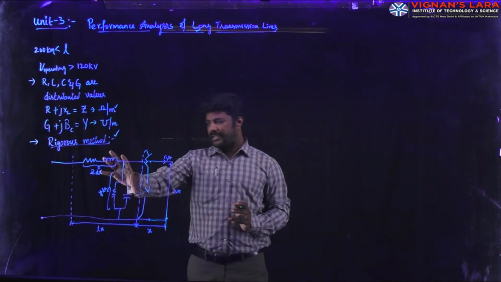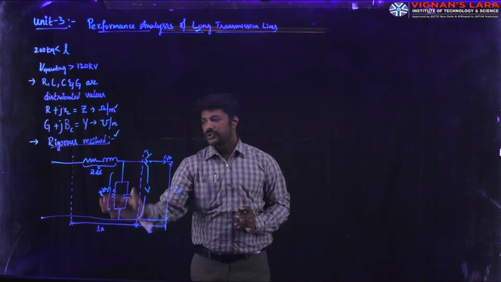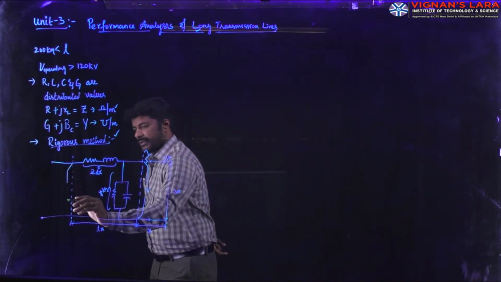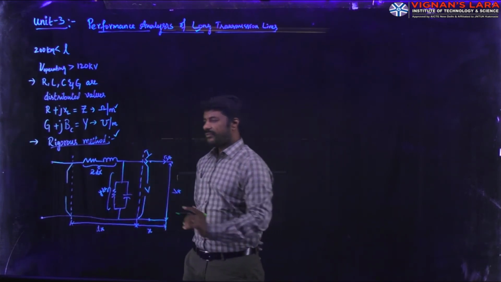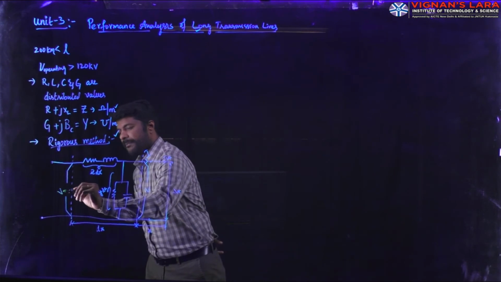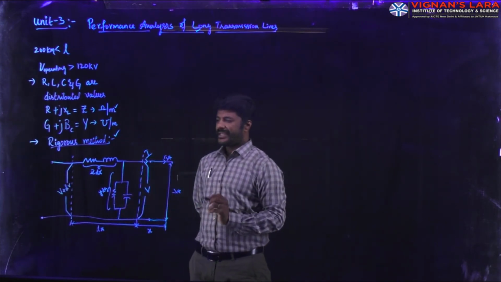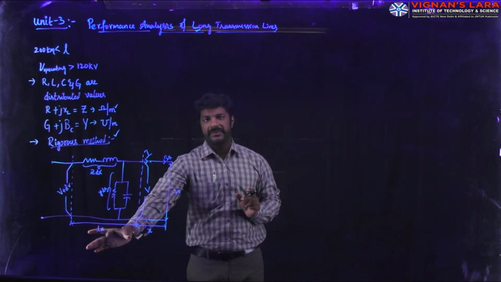On the front side of this sectional length there will be a voltage of V plus dV, where dV is a finite voltage drop for a sectional length of dx meters.